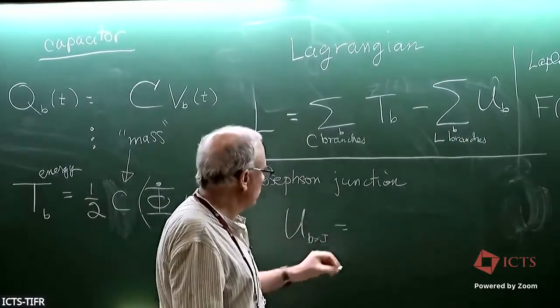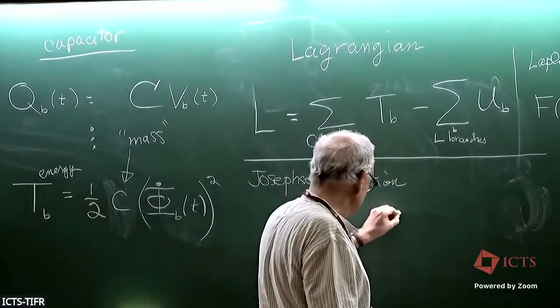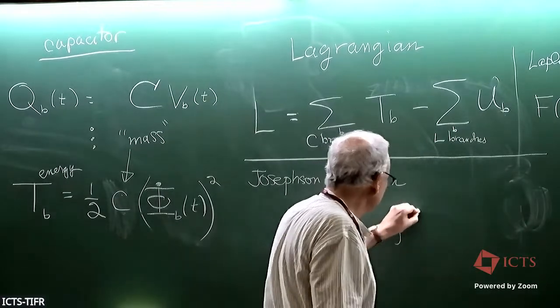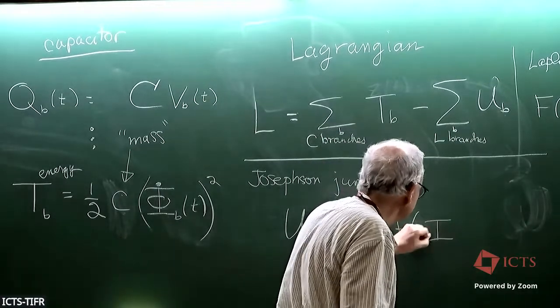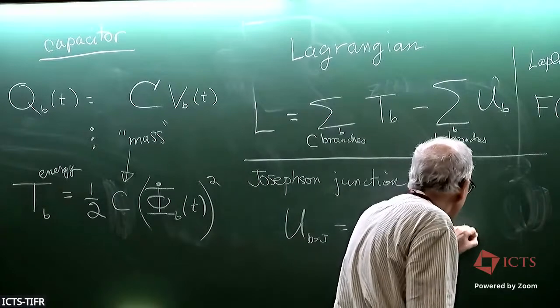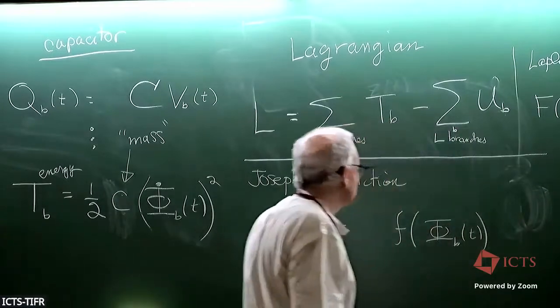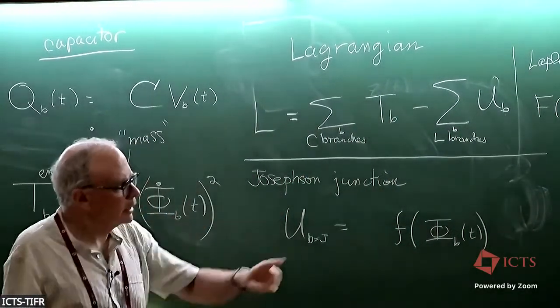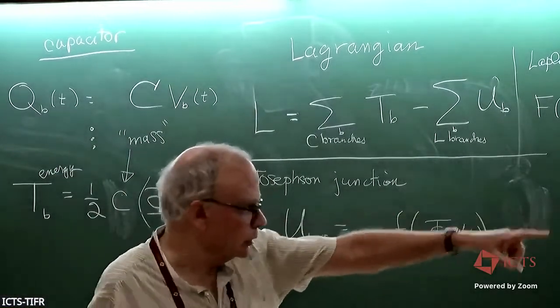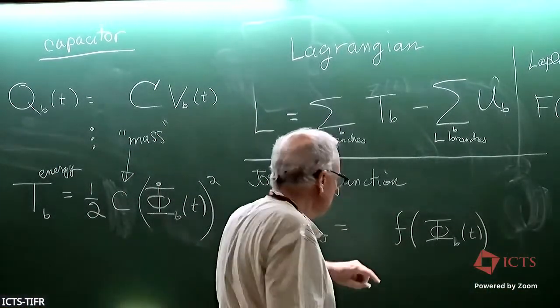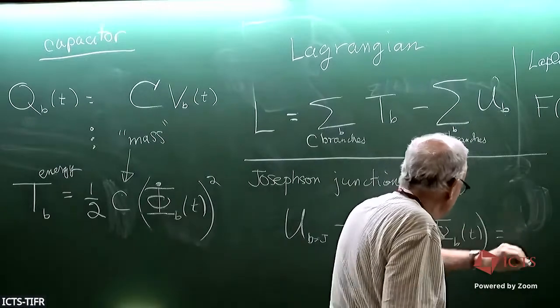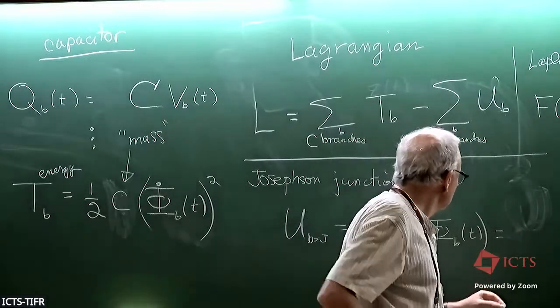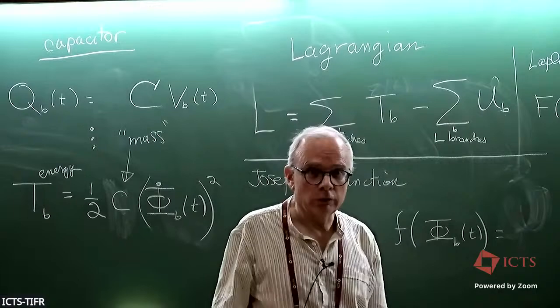then this will be, as I said, by hypothesis, a function only of the coordinates. So it's a function only of phi_B at time t. But by contrast to the regular inductor, it will not be a quadratic function. The physics theory of these says that it is in fact proportional to a sinusoidal function.